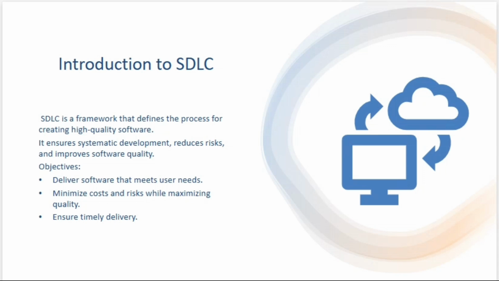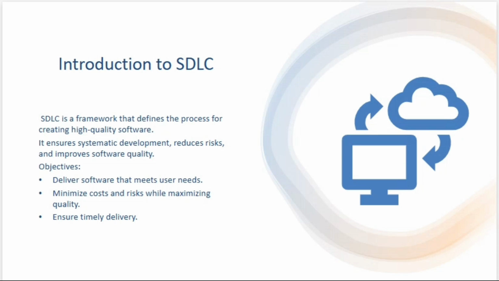Through this process we can define a particular process for creating better and high quality software, and we also ensure systematic development. We also reduce the risk of defects and bugs, and we improve software quality with faster releases.